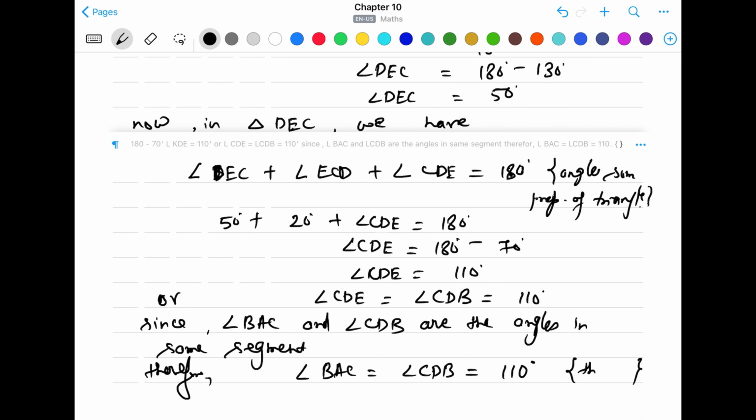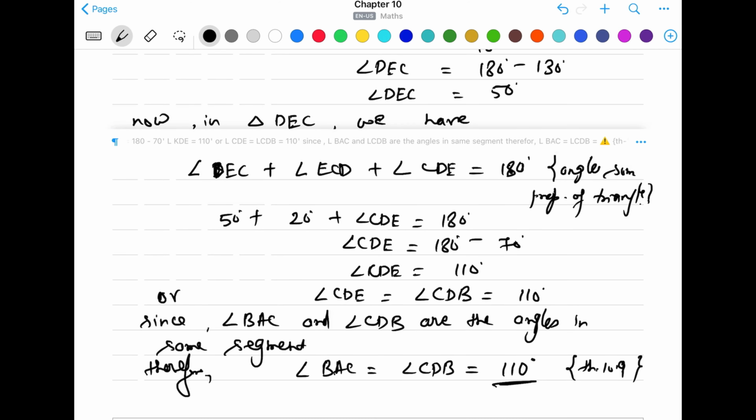This is by theorem 10.9, which says angles in the same segment of a circle are equal, so the value of angle BAC is equal to 110 degrees. So that's the solution of question number 5.